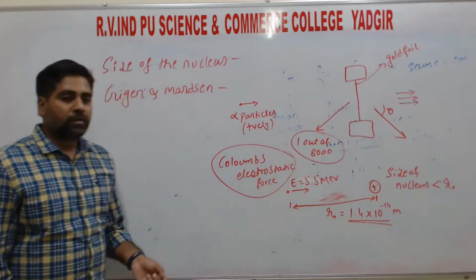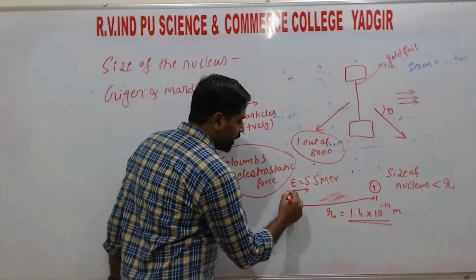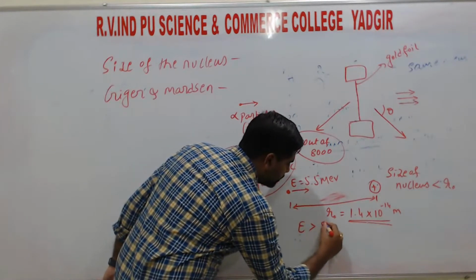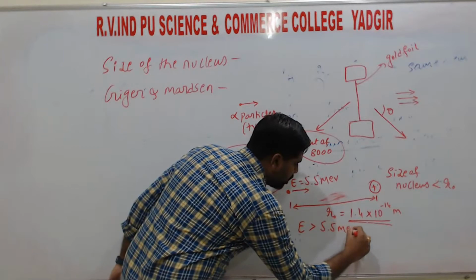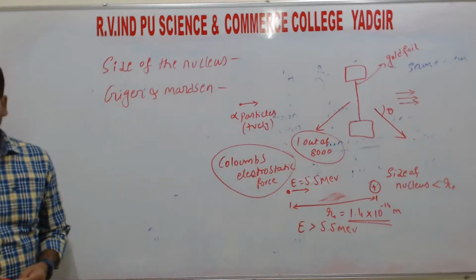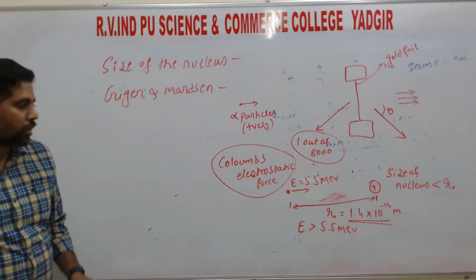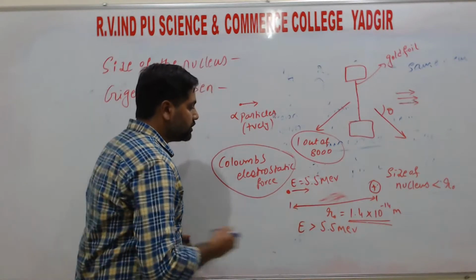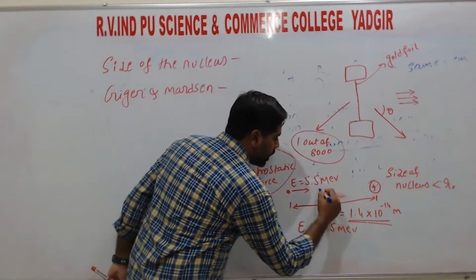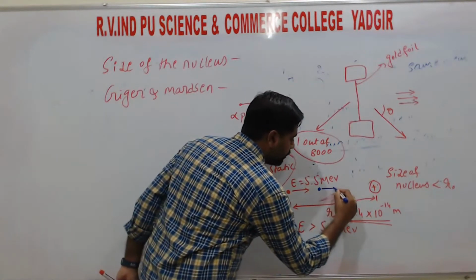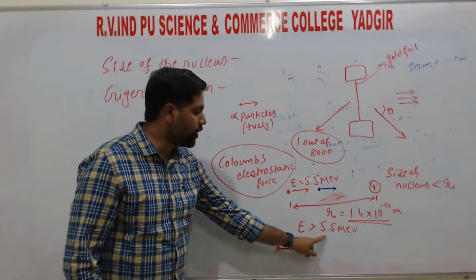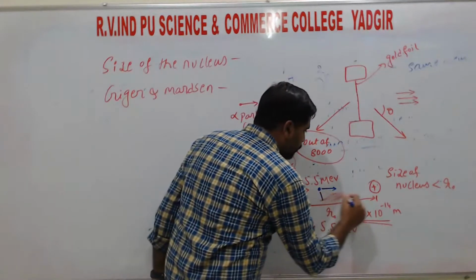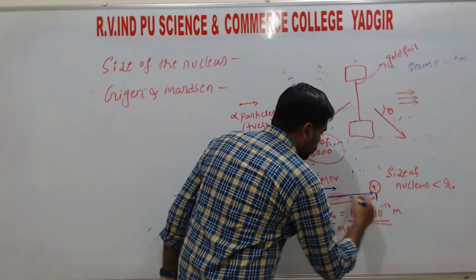So if the energy we apply to the alpha particle is greater than 5.5 mega electron volt, right? Next, what he did was increase the energy of the alpha particle. That means the alpha particle moves faster with a high energy, greater than 5.5 mega electron volt. At that time the distance of closest approach becomes very small, right?